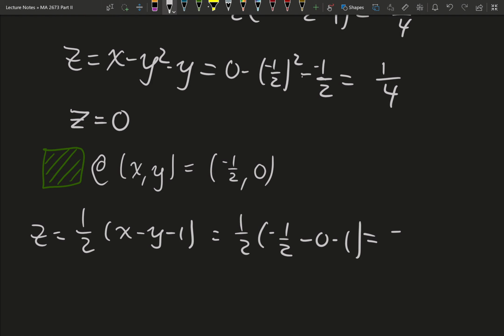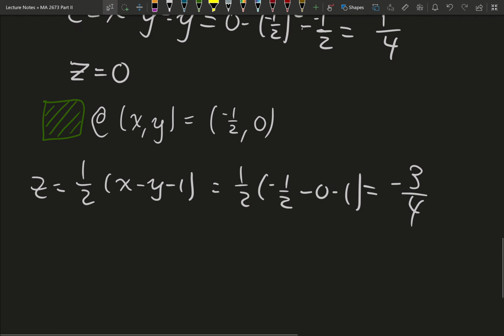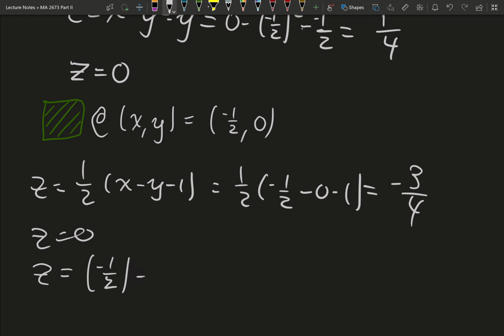Negative 3/4 should be your answer there. Z equals 0, we know what happens, and let's look at z equals x minus 0 squared minus 0, so negative 1/2.